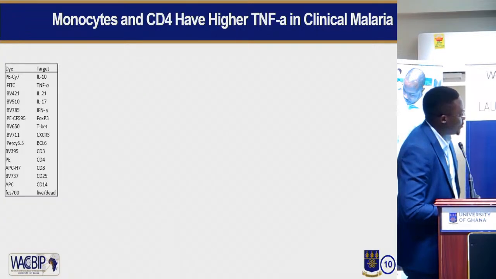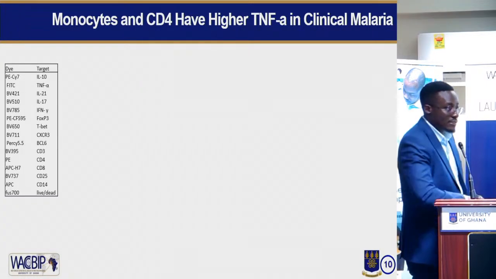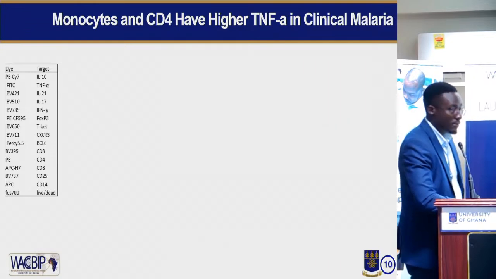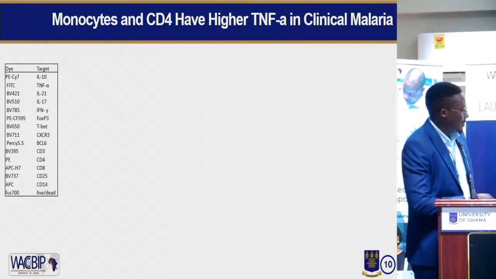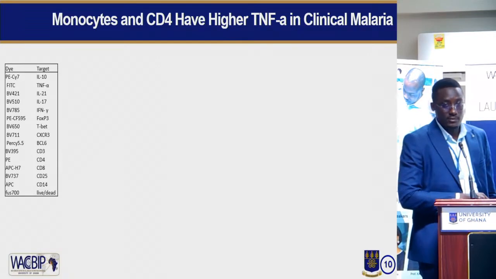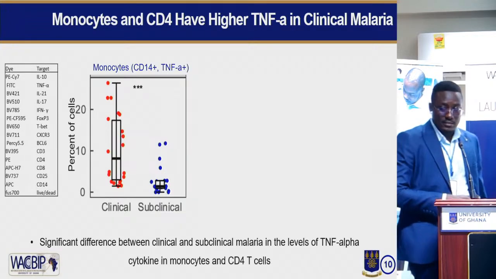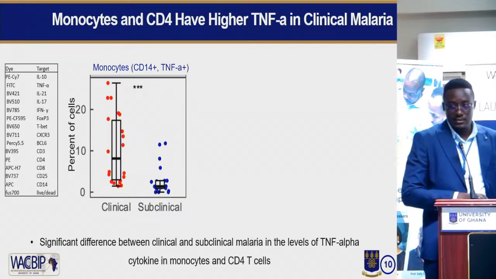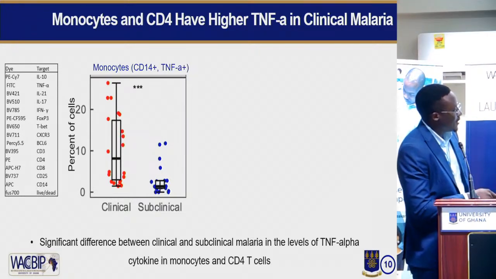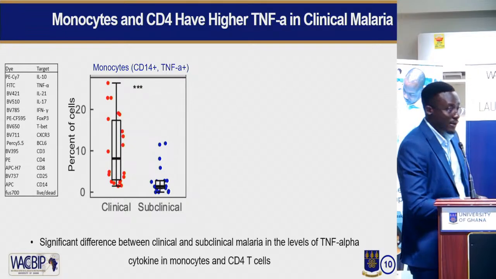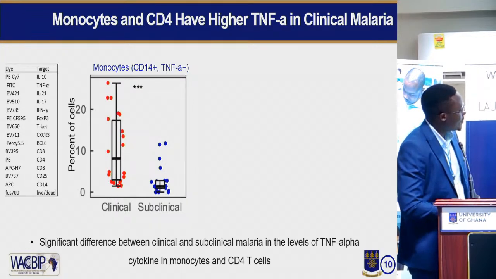We went further to do the intracellular cytokine staining, whereby we stained some of the cells with cell markers as well as some intracellular cytokines. What we saw was that CD14 monocytes tend to have higher levels of TNF-alpha in clinical malaria children compared to subclinical.